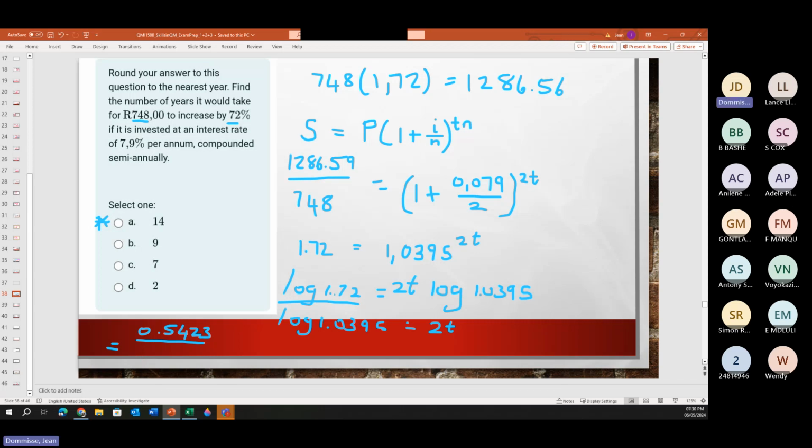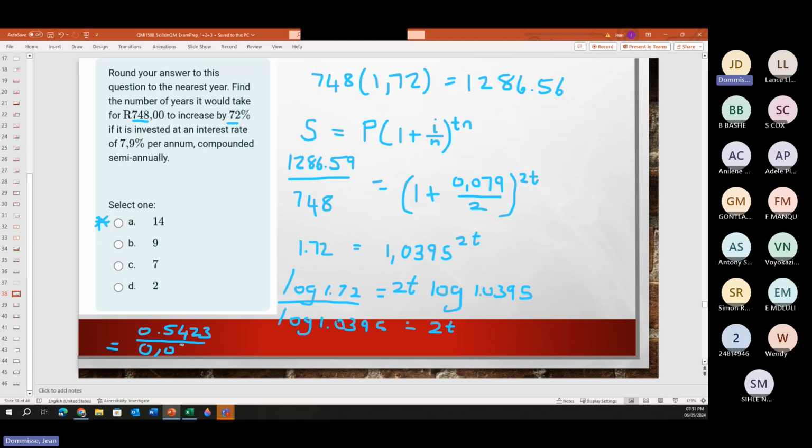Okay, let me just quickly work that out again. The log of 1.72 is 0.5423, and the log of 1.0395 is 0.0385.